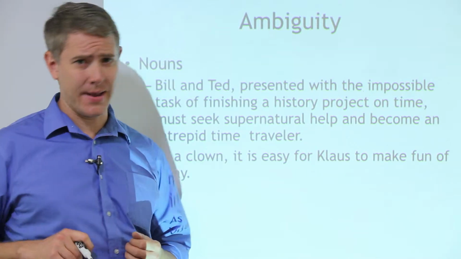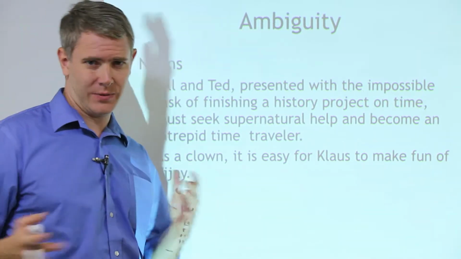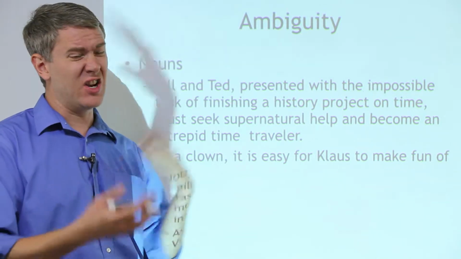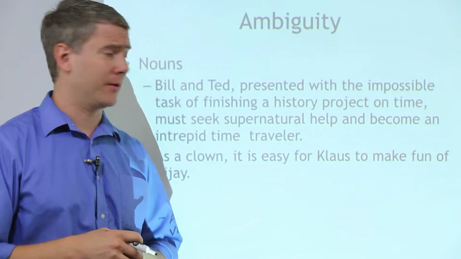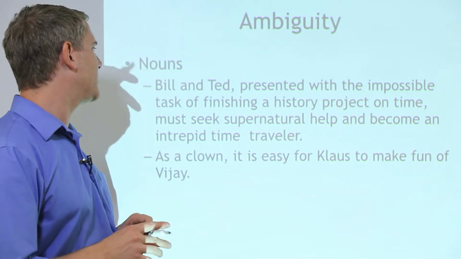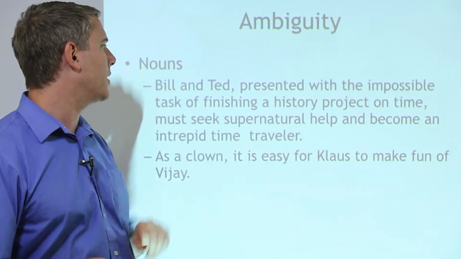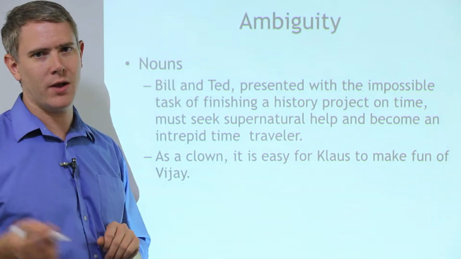Okay, the last type of ambiguity we're going to look at today is with nouns. And this is similar to the ones we saw with pronouns, but sometimes you can make it ambiguous without introducing a pronoun. So let's take a look. "Bill and Ted, presented with the impossible task of finishing a history project on time, must seek supernatural help and become an intrepid time traveler."